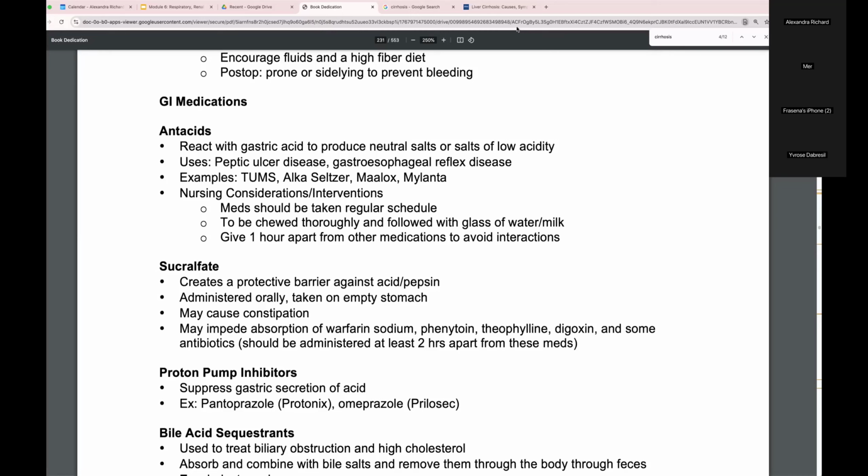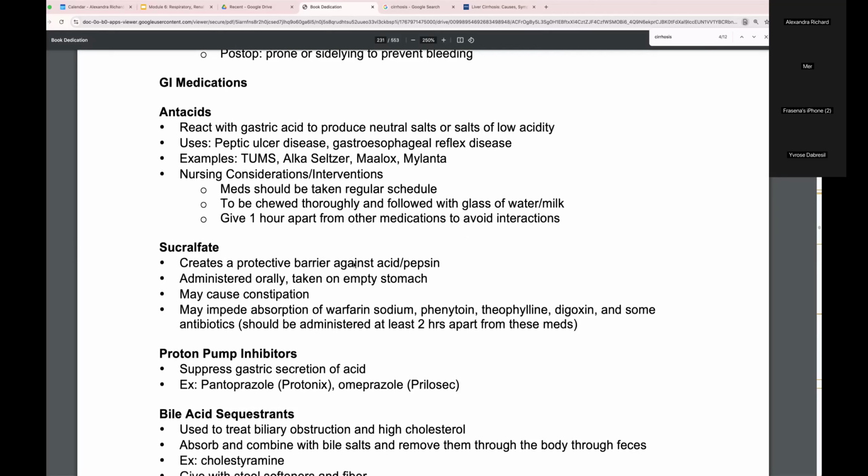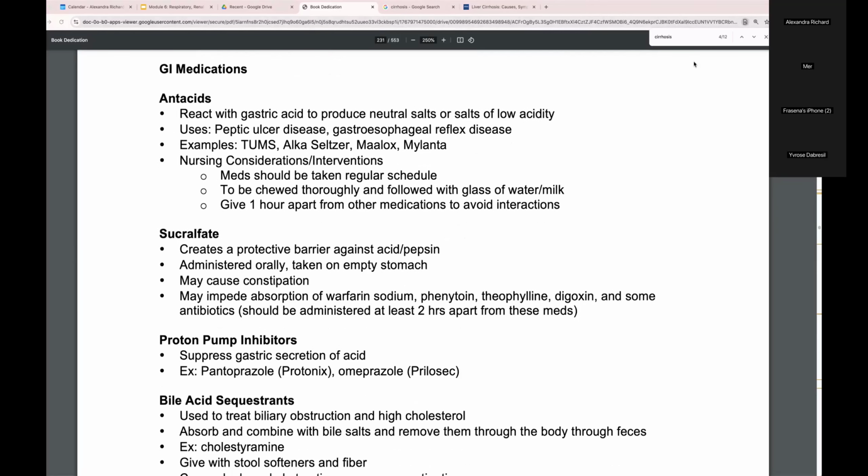Next up is sucralfate, also called Carafate. This also is a very important one. It's like a liquid, and every time I've given it, it was pink, but it doesn't have to be pink. But when you drink it, it creates a protective barrier. That thick liquid lines the stomach, and it's very useful for patients with ulcers.